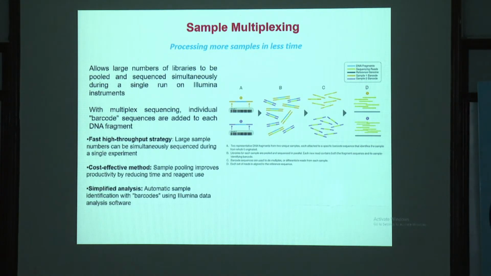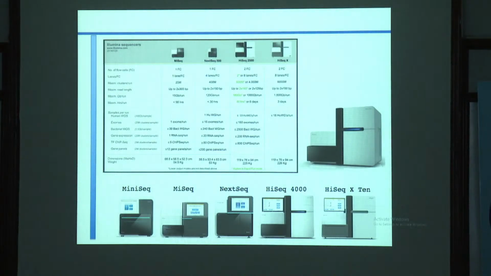Okay, so these are the different variants of Illumina, like we have MiniSeq, MiSeq, NextSeq, HiSeq 4000 version. These all are different in terms of, you can see here in these variants one flow cell is accommodated in the machine, but in HiSeq X you can keep two flow cells, so you can see the output will be just double.